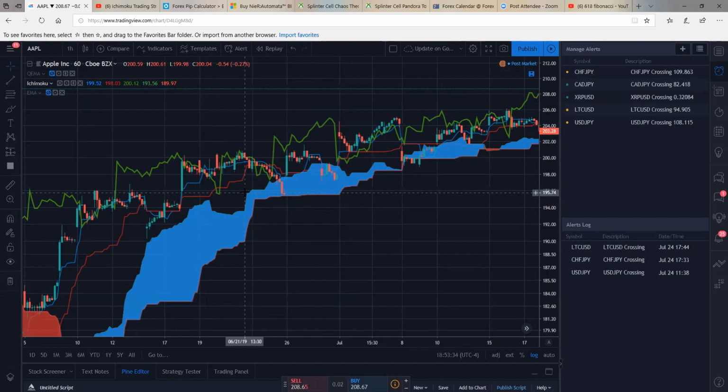Before starting this, I recommend that you set yourself up with a demo account with the app MetaTrader 4, also a PC program. The broker I recommend is Hugo's Way. Hugo's Way allows you to trade Forex pairs, stocks, commodities, energy such as oil, and crypto such as Bitcoin, Litecoin, things like that.